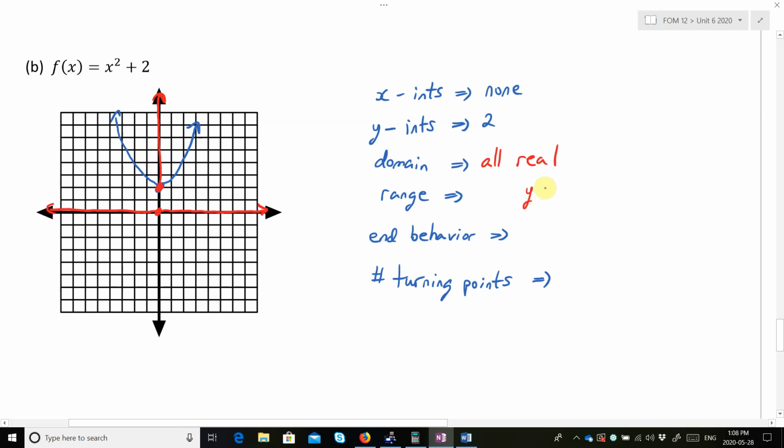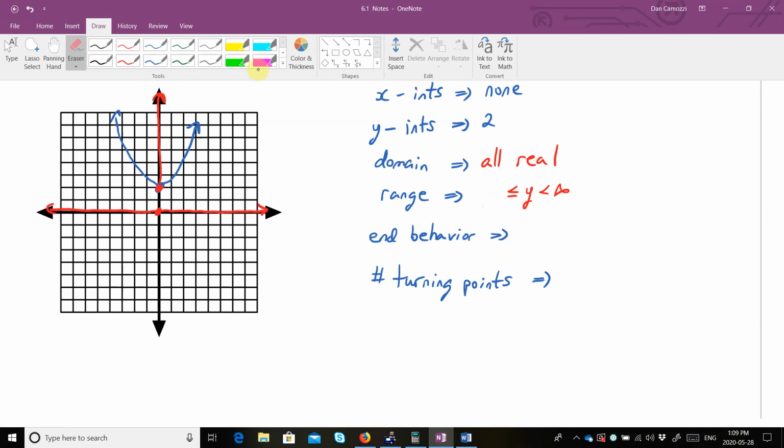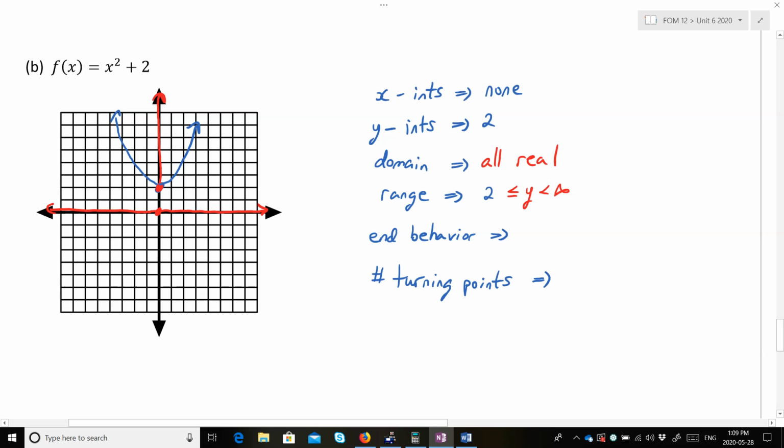So we write that as y being less than infinity, but greater than or equal to, I was going to put -2, but it's actually +2, right, on the y-axis? Okay, so there's the range. So now this is up to infinity. Okay, so like we could even do this for the domain if you wanted to do that as well.